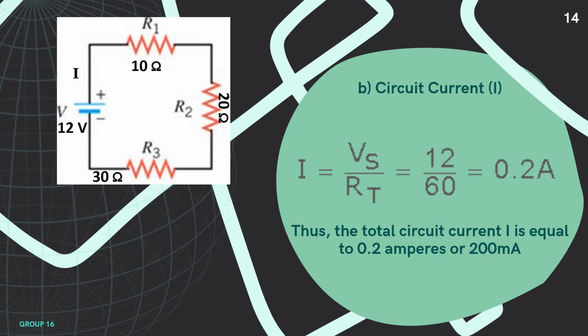Question B. Find the circuit current. As we all know, V equals IR according to Ohm's law. Therefore, I is equal to Vs over RT. Vs here means voltage source and RT means total resistance, which we calculate as 12 volts over 60 ohms, equals 0.2 ampere.